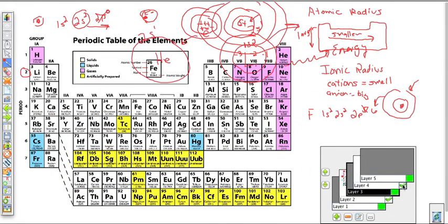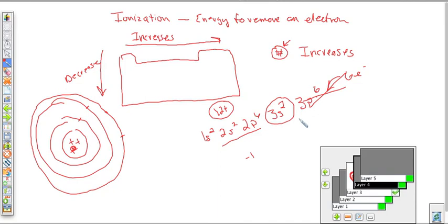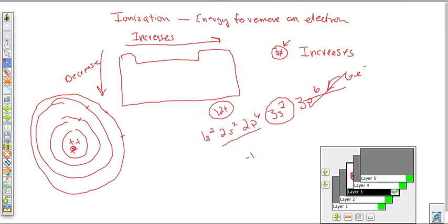So 12 positive charges in the nucleus. So when I lose that first one, now I only have 11 electrons and 12 protons. So the pull is strong because I have one more proton than electrons. So it's going to take more energy.